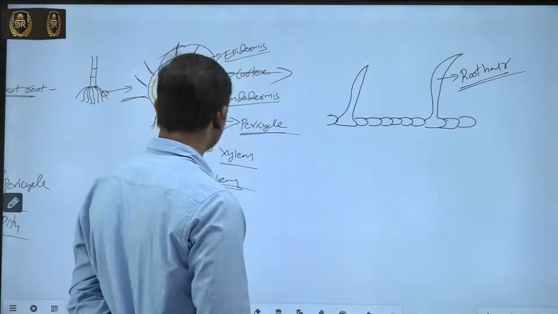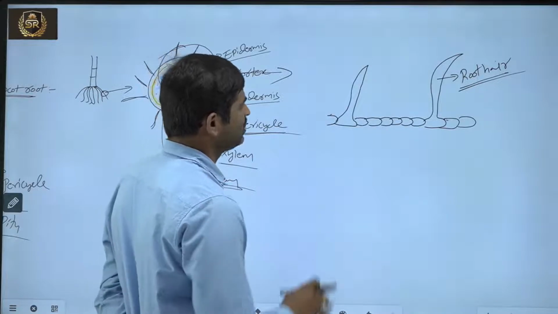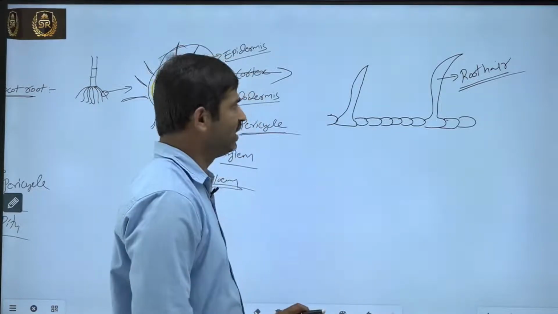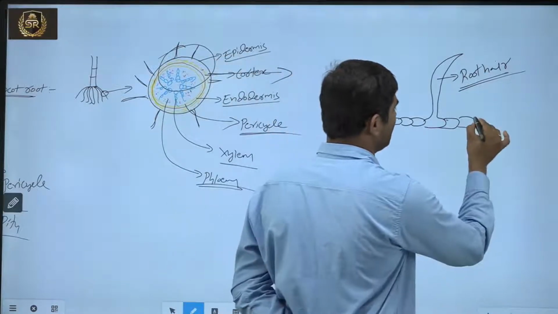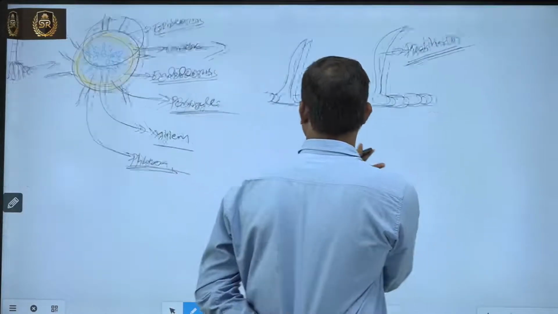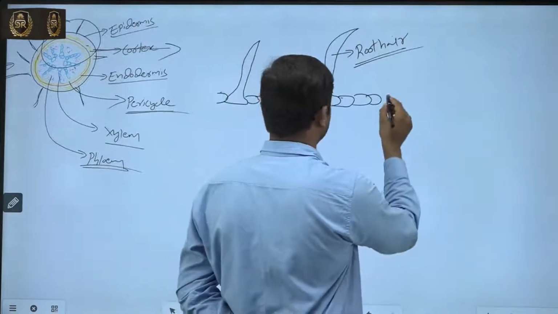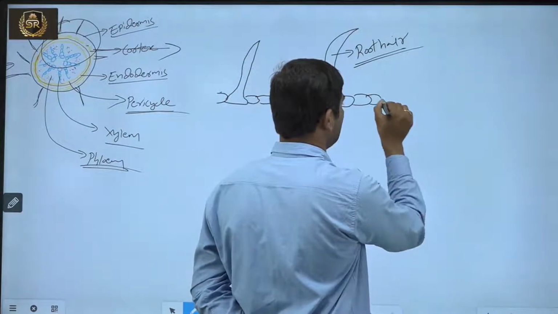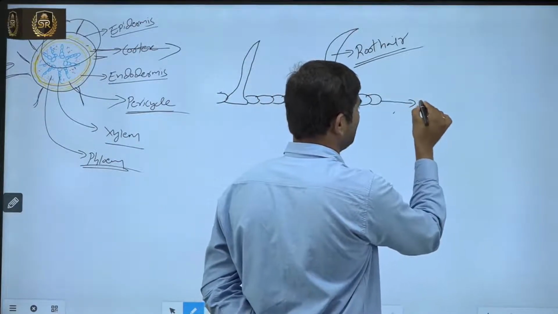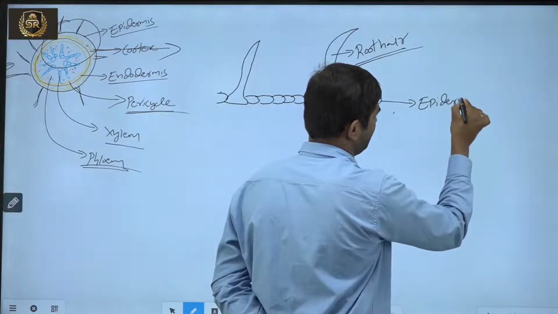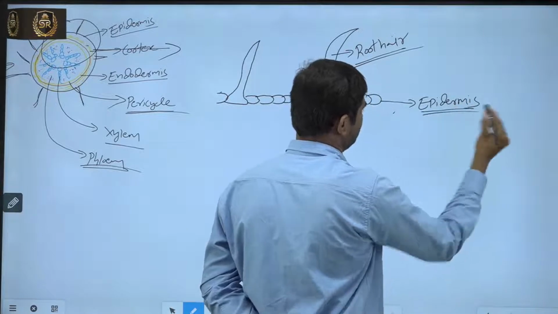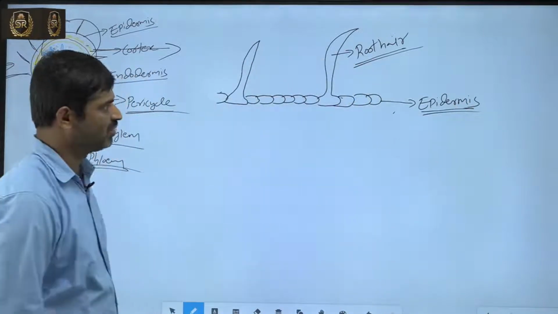Next, in the root epidermis surface region, stomata and cuticle layer are all absent. This part is called the epidermis part.